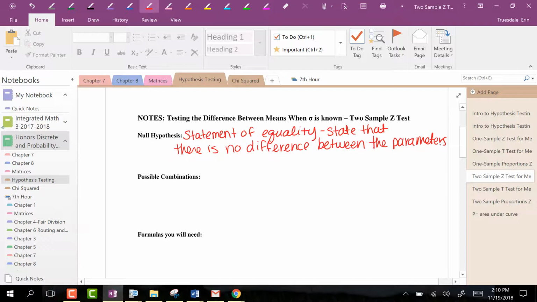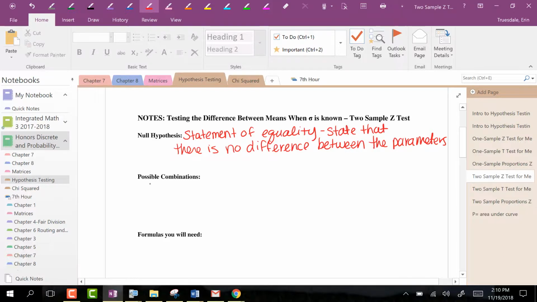I think one of the questions maybe on one of the homework assignments said something about that there's no difference between the means. And a couple people had asked me what that means. It just means that they're equal then. Okay, so that's what we're going to be dealing with. So instead of comparing the sample mean and the population mean, we're comparing 2 samples.